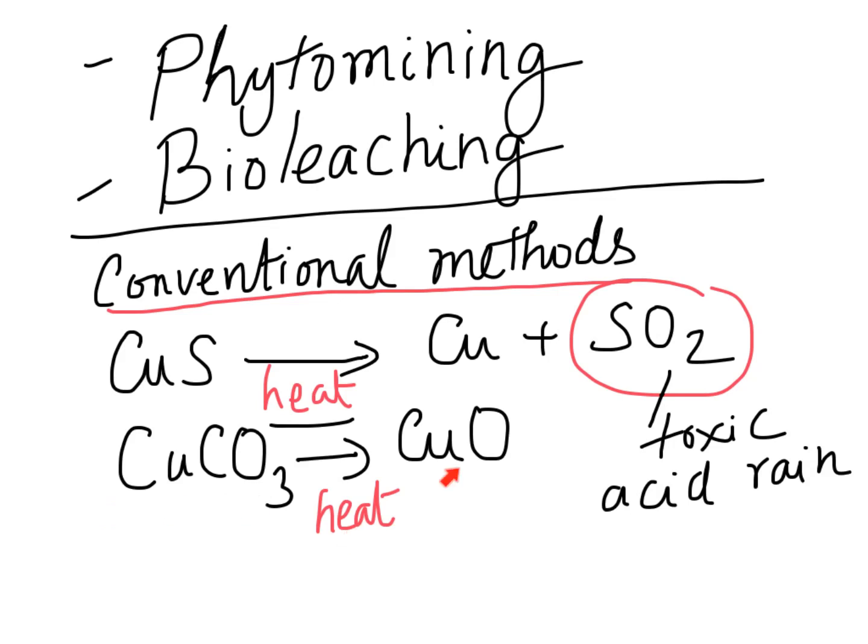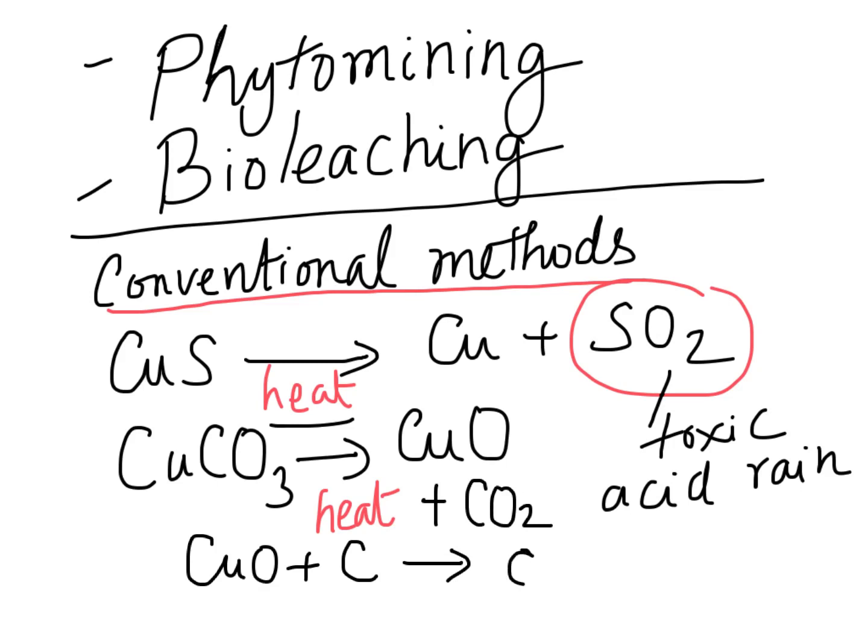By simply heating it very strongly, remember thermal decomposition, this process produces copper oxide and carbon dioxide, and then this copper oxide is reacted with carbon to produce copper. So copper oxide heated strongly with carbon gives copper and carbon dioxide again. So this process produces a lot of carbon dioxide.